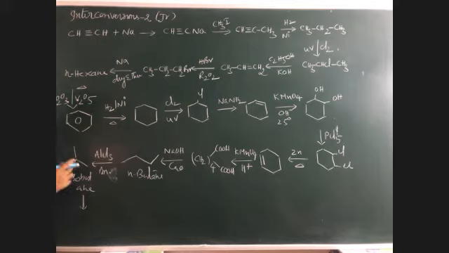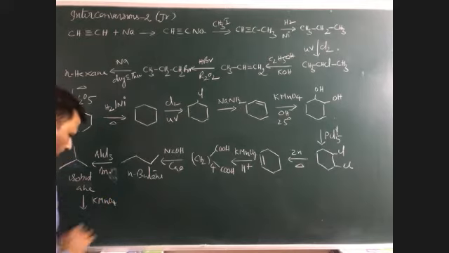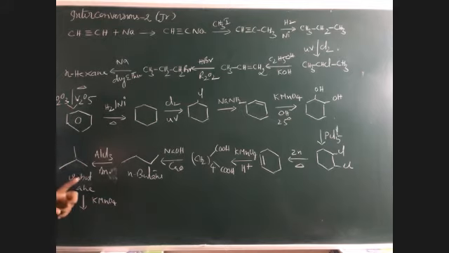Now isobutane on reaction with KMnO4. This is the property of alkanes. Alkanes do not undergo oxidation easily because all are saturated hydrocarbons. So they are not oxidized by potassium permanganate, provided there is a tertiary hydrogen, which then undergoes oxidation.